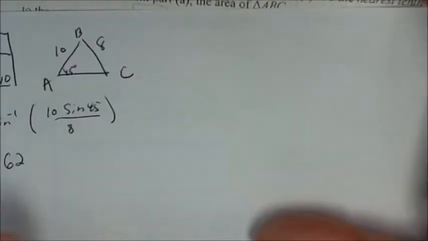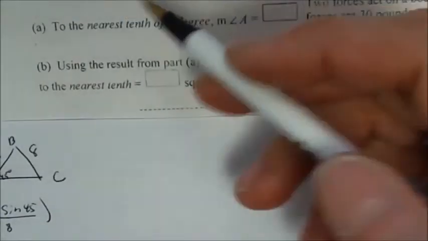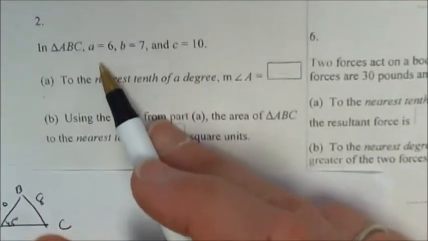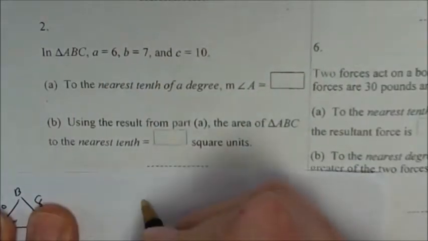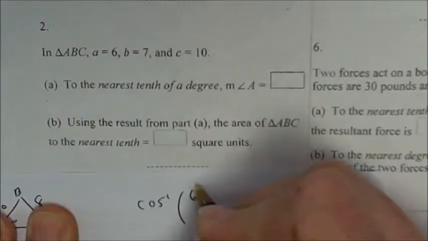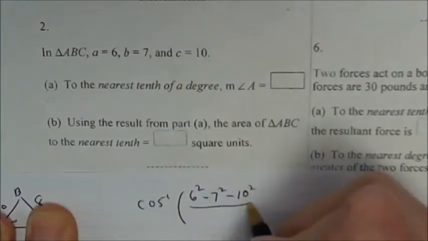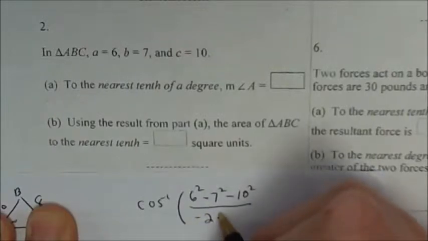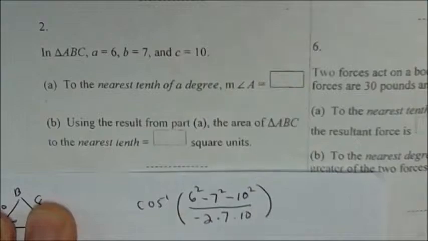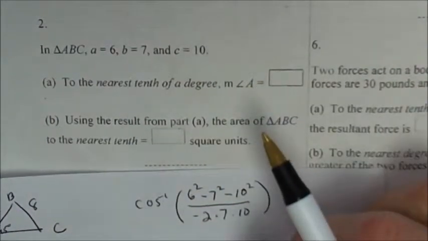The modified law of cosines from your notes says that if you're trying to find big A, you start with little a. So we're going to do the inverse cos of a squared minus b squared minus c squared all over negative 2 times b times c. Because we started with little a, that will give us the big A.